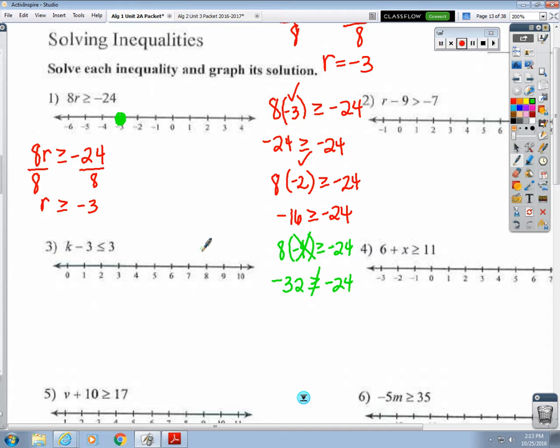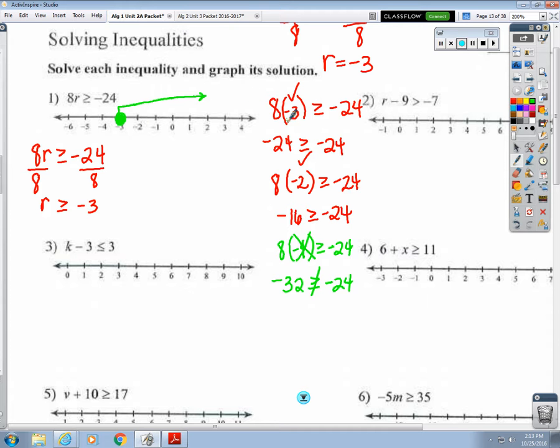It's a closed circle. And then weren't the rest of our solutions greater than -3? Which would be to the right of it? Think about it. Aren't these numbers greater than -3 and these numbers are not? So we draw our arrow that way, showing that this number and all numbers this way forever are the solutions.